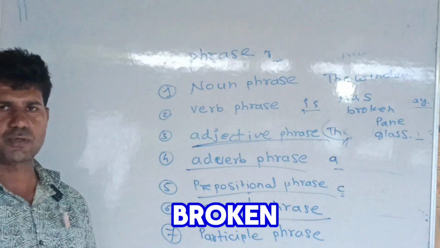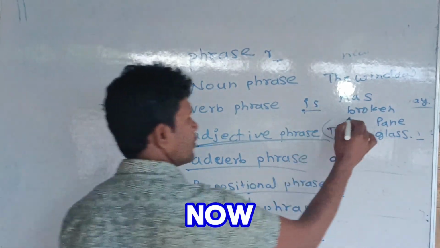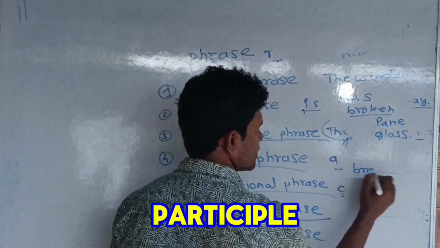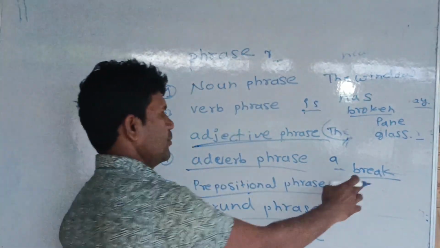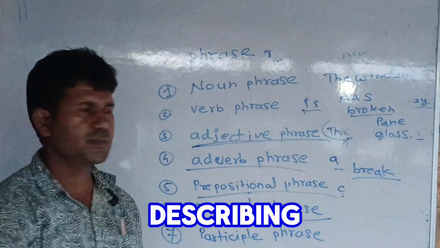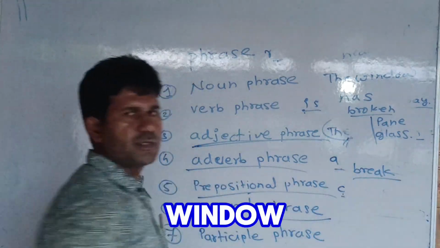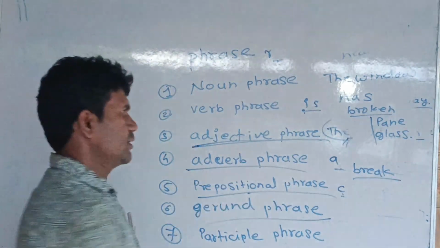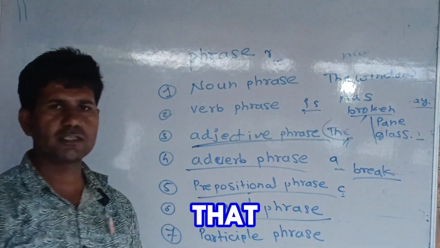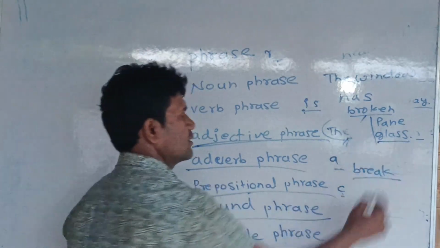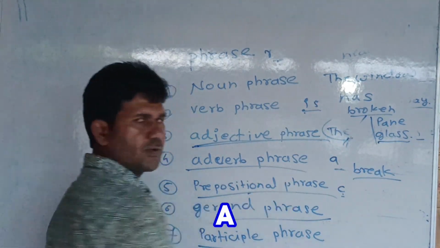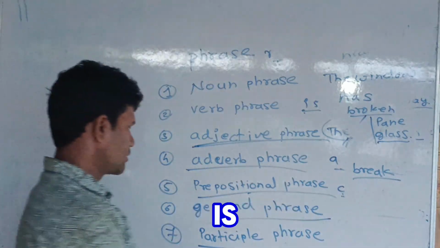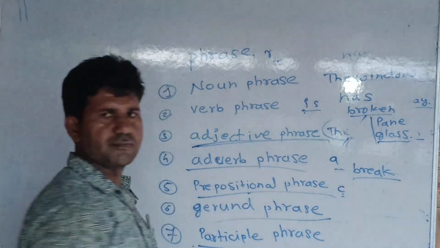Window pane is broken. Now it is the past participle of the word break. Broken describes the pane of the window or the glass of the window. It is a past participle that describes the glass. It acts as an adjective, but it is actually a verb that acts as an adjective. Then it is called a participle phrase.